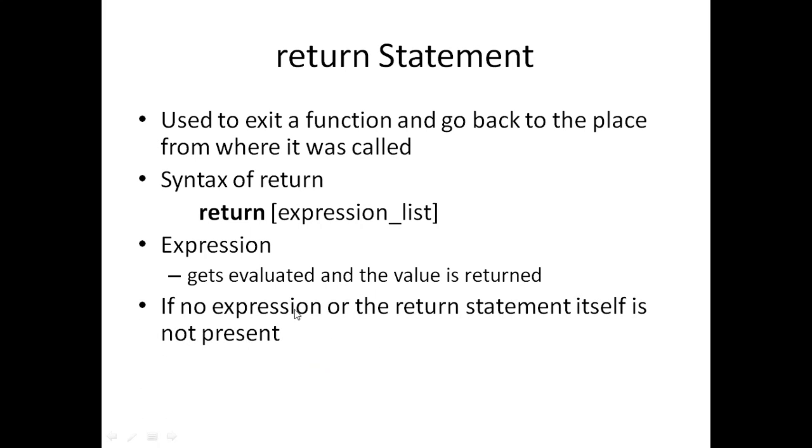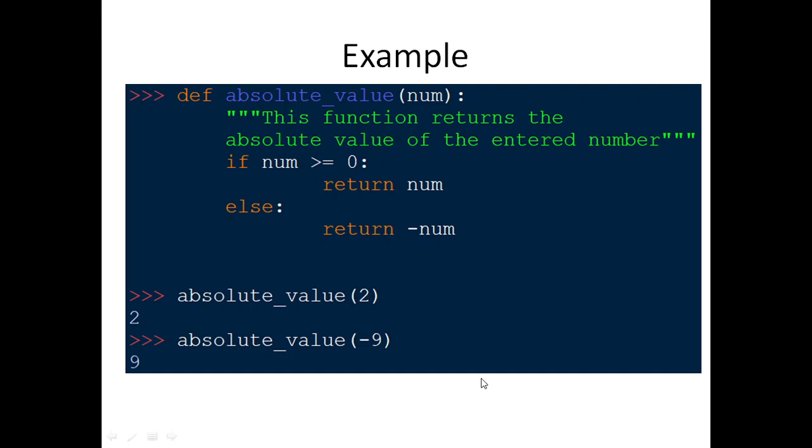If there is no expression, or the return statement itself is not present at all in the function, then the function will return the None object. It will automatically go back to the program.